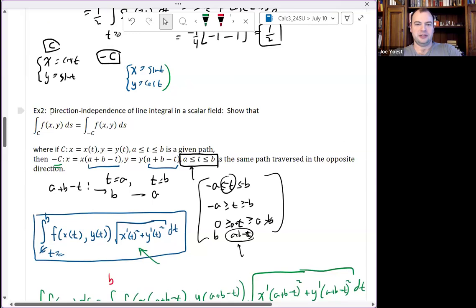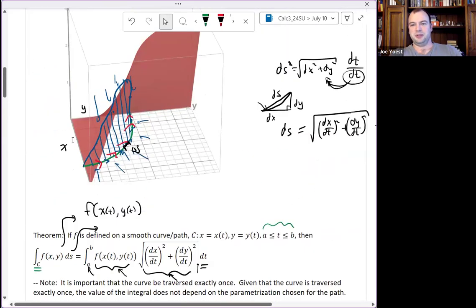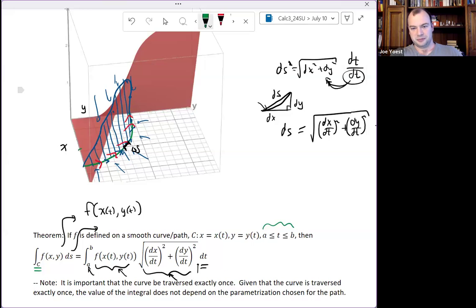Okay, but the point is, in a line integral of a scalar field, traversing in the opposite direction, we get the same result. Now, note that if we completely change the path, we would expect to get a different result. Because if I'm using this path instead, then of course the area of my little curvy wall is going to be different.